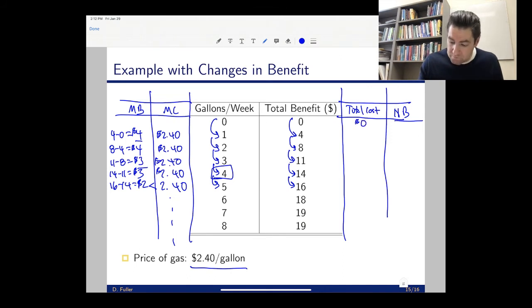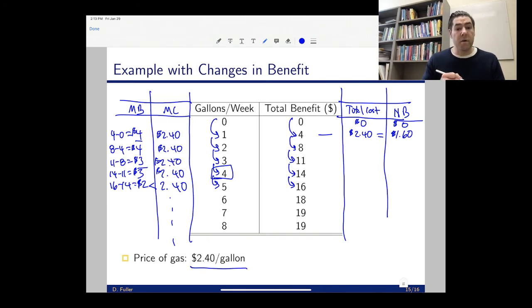If we don't drive, we get no benefit, we have no cost, and net benefit is 0. When I drive 1 gallon per week, I have $2.40 in total cost. The total benefit is $4, so I have a net benefit of $1.60: 4 minus 2.40 equals 1.60.